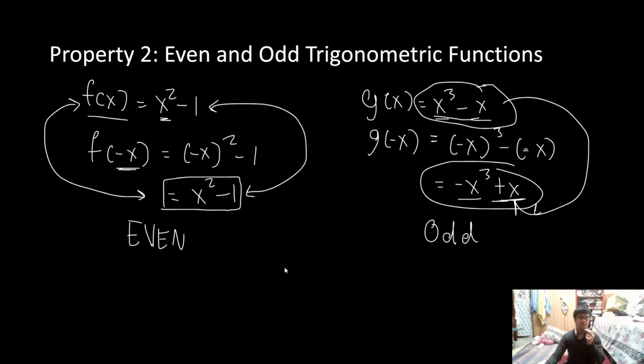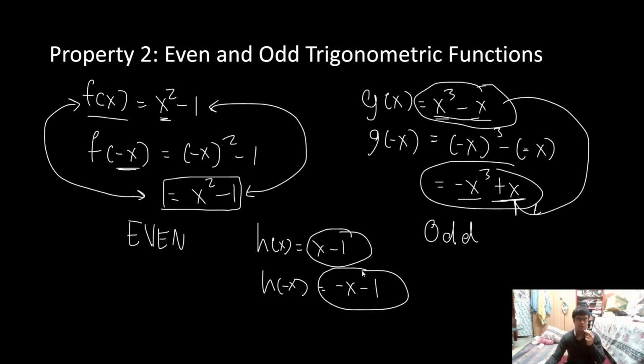But what if some terms change, but at least one doesn't? For example, let's say h of x is equal to x minus 1. If I substitute negative x here, I will have negative x minus 1. Now look at the expression here: positive x, negative 1; negative x, negative 1.